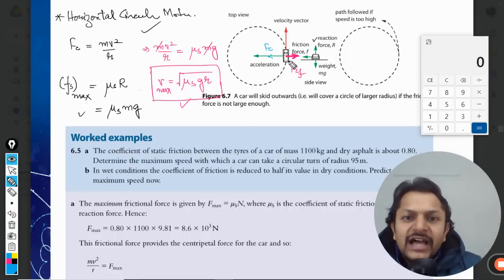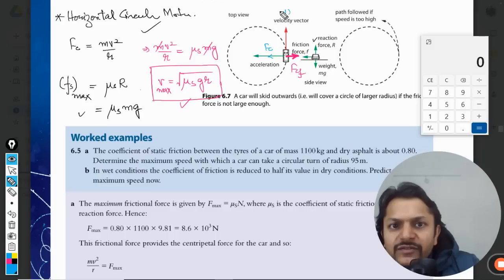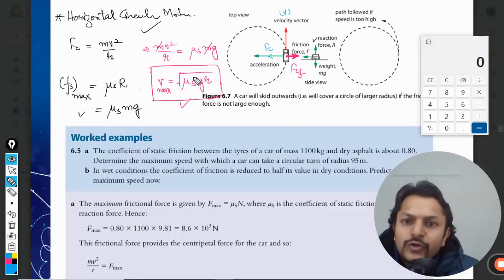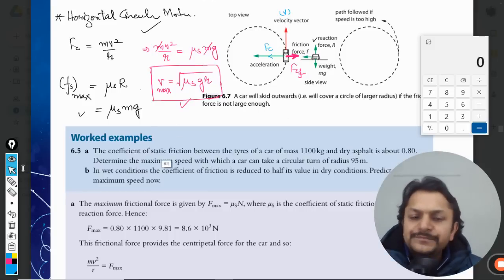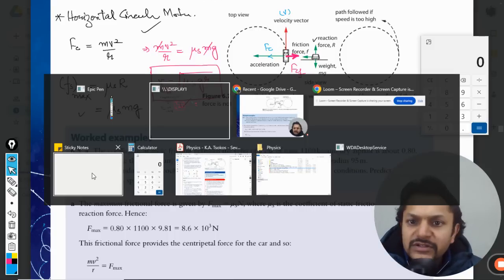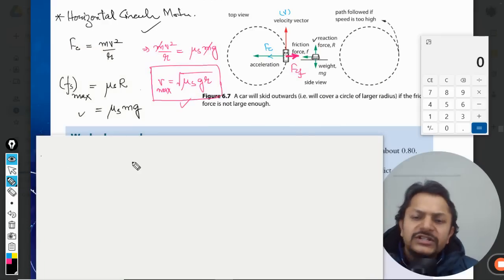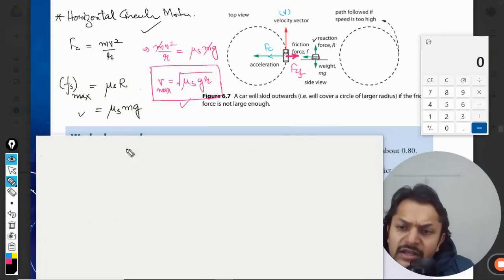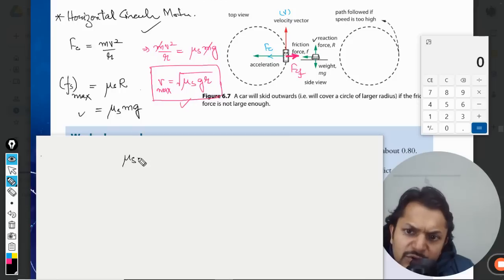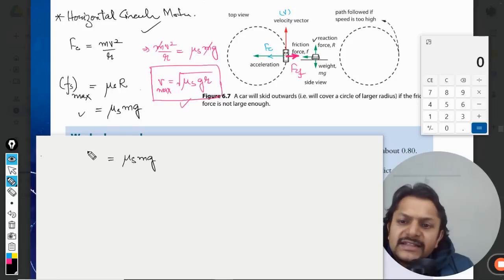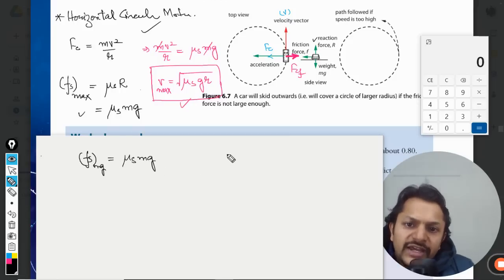Because let us say I increase the velocity with which the car is moving. There are two forces here that we are comparing. The first one is mu s mg, that is the maximum possible friction, and the other force is, I will say, centrifugal.